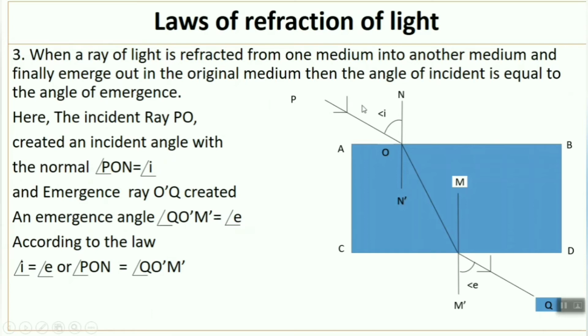Because light enters from the rarer medium to a denser medium and then emerges out. Emerges out means gets out into the same medium. That's why it is called emergence. The emergence angle is denoted here as QO prime M. Clear? So this angle I and this angle E are equal.